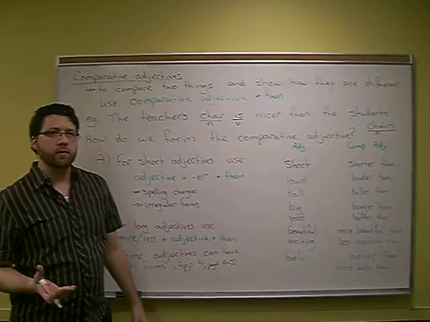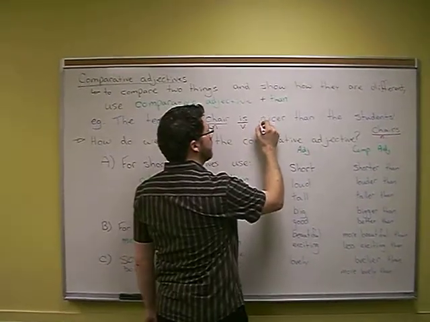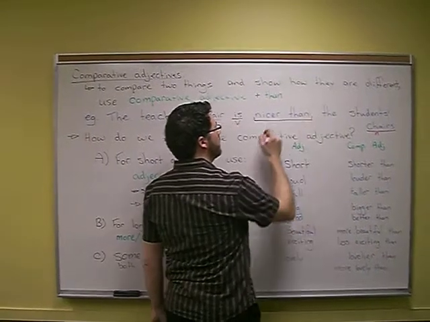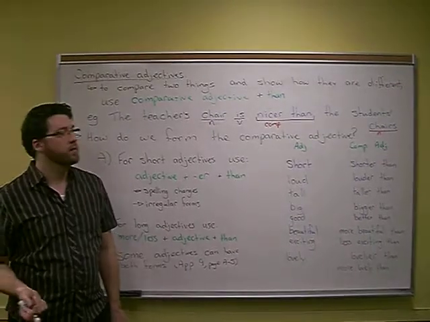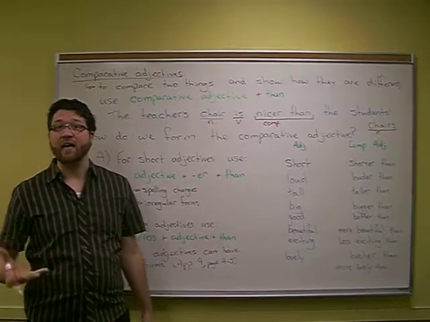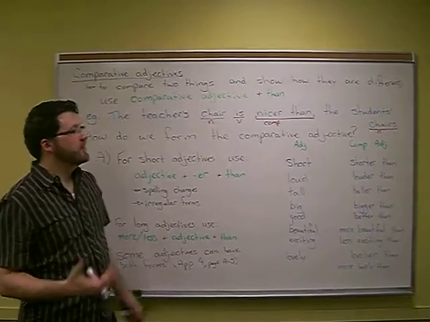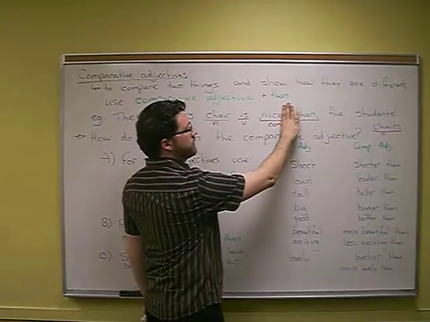What's our adjective? Well, here, the comparative form is nicer than. Which is strange because there is no adjective nicer. The adjective is just nice.